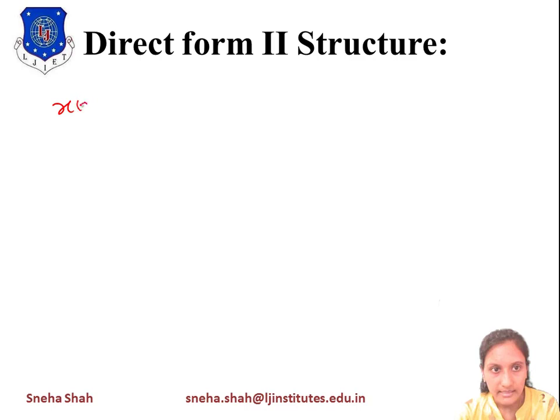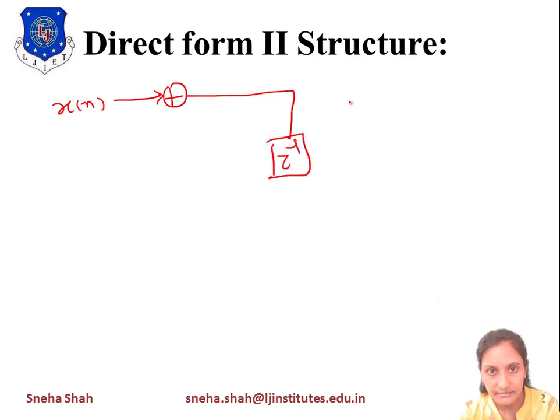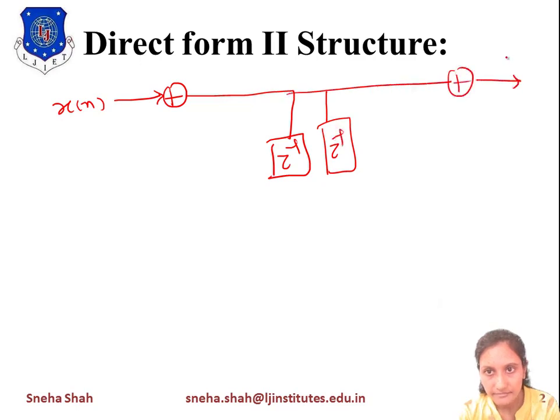Over here x of n. First I will draw the denominator part. Then I will draw the numerator part. Now see, these two z inverse parts can be merged and it will become only one memory unit like z inverse.